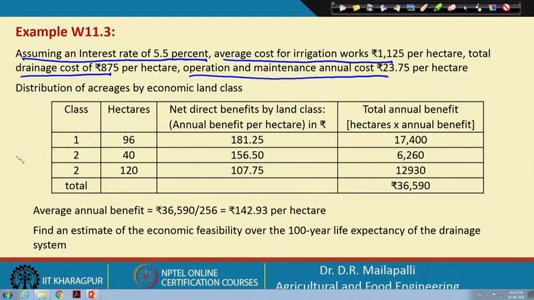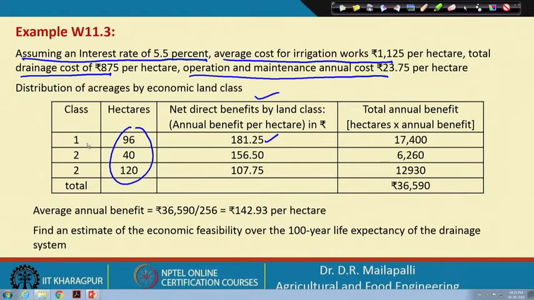Here the area has been distributed and the net benefits given by land classes. For 96 hectares you may get annual benefits of 181.25, 40 hectare 156.5, 120 107.75.